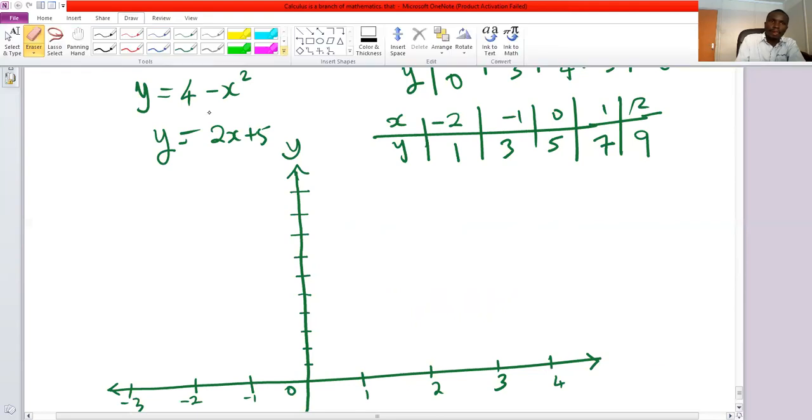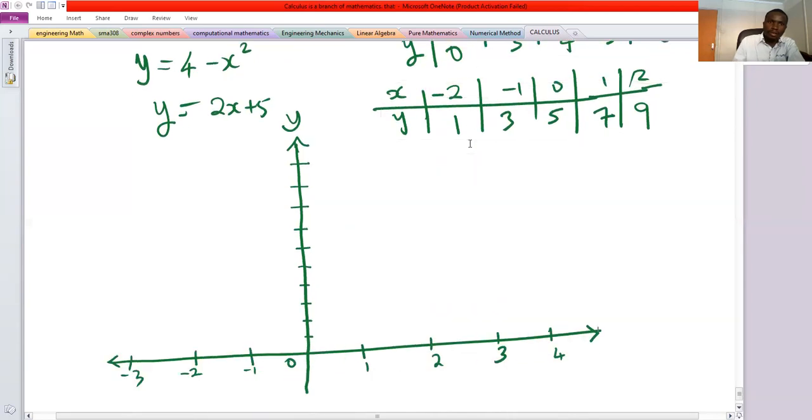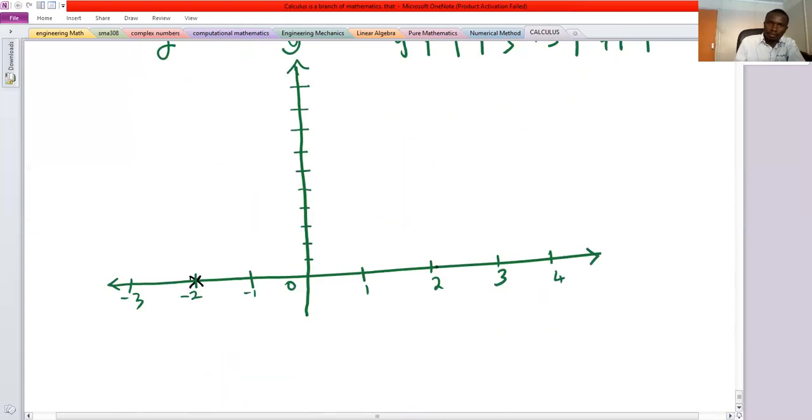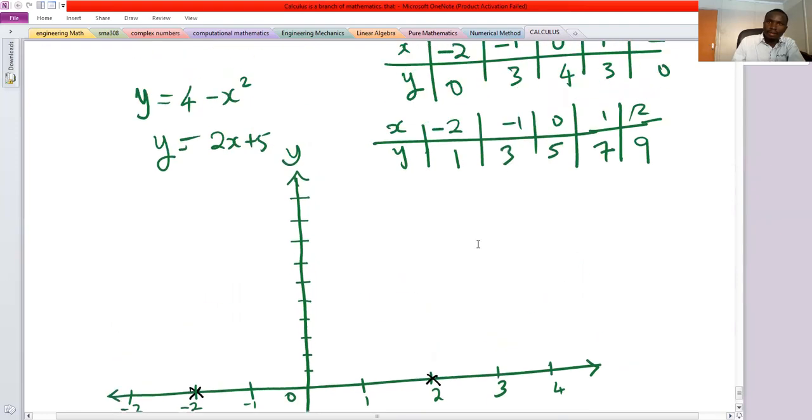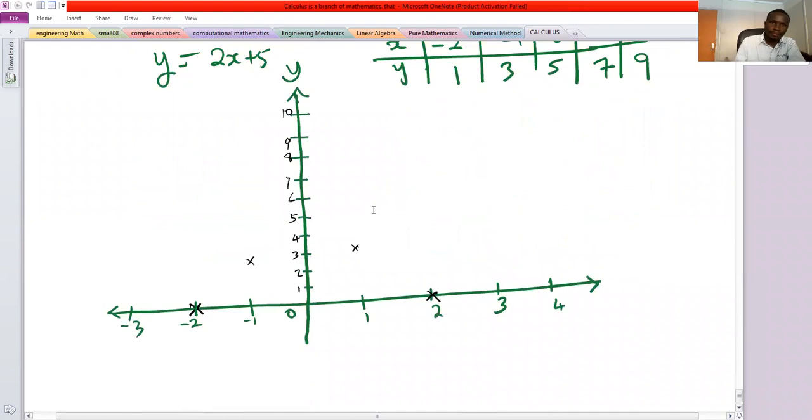So when x is 0 for the curve, minus 2, 0, plus 2, 0, minus 1, 3. So this is 1, 2, 3, 4, 5, 6, 7, 8, 9. Minus 1, 3, somewhere here. 1 is also 3. And then 0, 4.